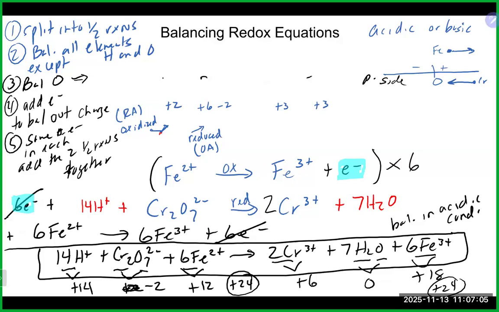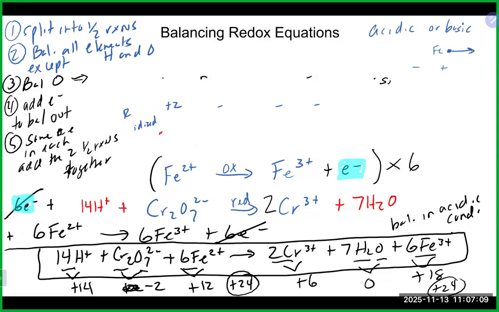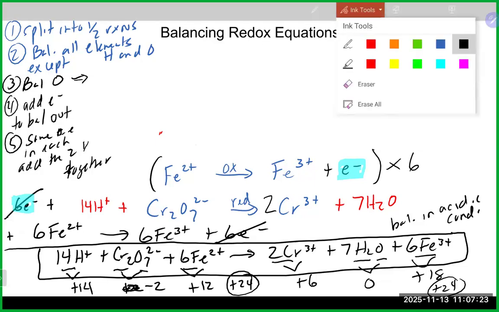Let's get rid of some of this here. A middle spot here just to show. All right. So the easiest way to do basic, like I said, is at the end, after you do acidic, you could turn it into basic.